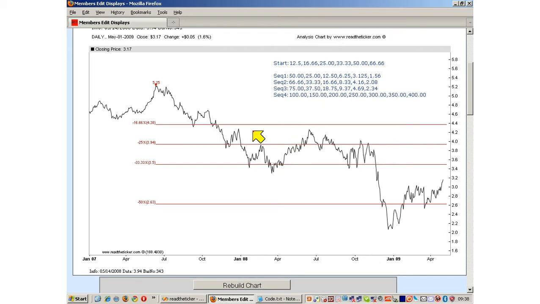For example, the 16.6 turned up in that sequence there, so there might be a relationship to 33, 16.6 and 13.3. So it's part of the cycle of sequence and the fitness test of the price action. There is a relationship between these levels here.